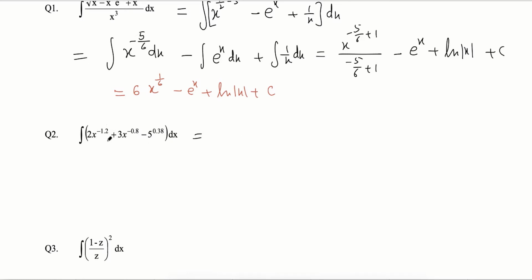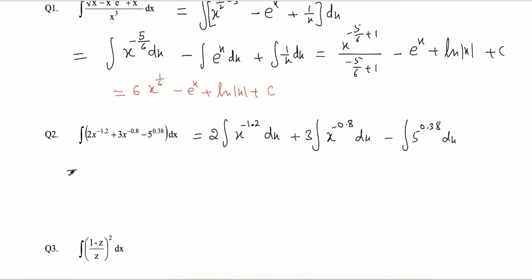Otherwise, it's very easy. Integration, the 2 will be outside because I told you constant always comes outside. x power minus 1.2 dx. Be clear, this is a decimal, 1.2, plus 3 into integration of x power minus 0.8 dx minus 5 power 0.38 dx.